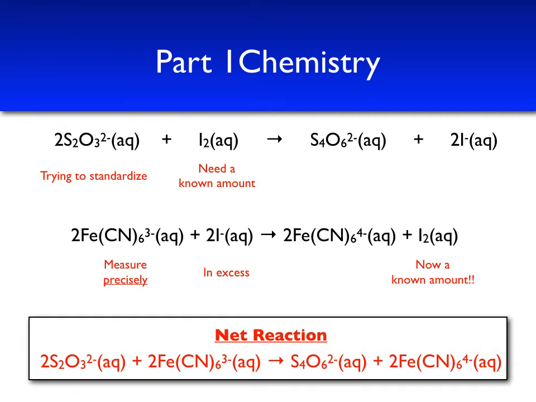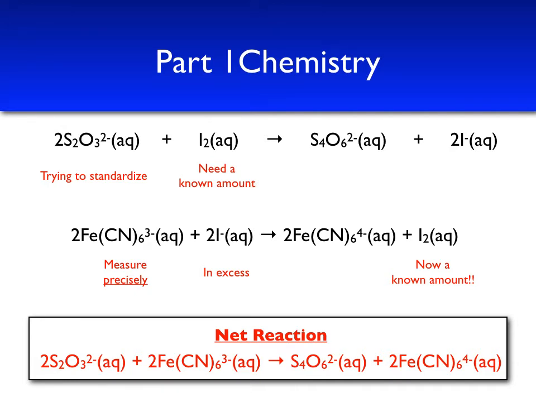This net reaction, which is a net ionic equation, can be used for all of our calculations of part 1, since it only shows the relationship between thiosulfate and ferricyanide. Notice that I2 does not appear in the reaction at all.